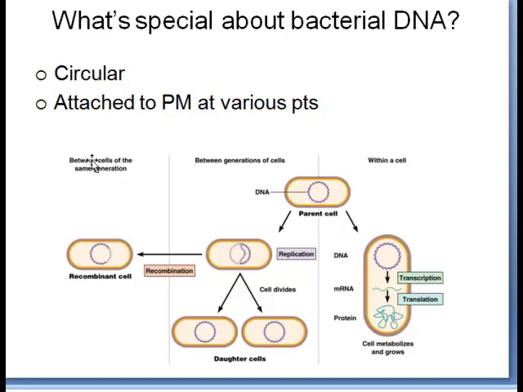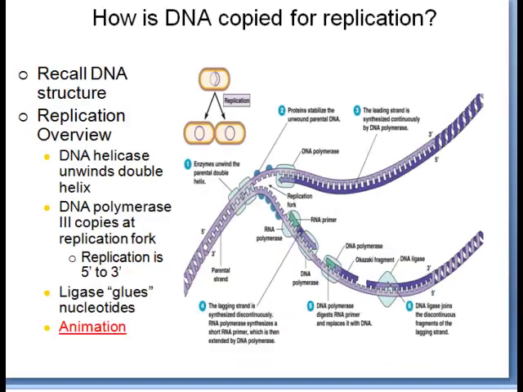If this is the parent DNA, when it undergoes replication, there are two rings forming, and then both of these rings can be passed on to the new daughter cells. It's almost like if you have two bracelets and you slide each bracelet away, that's the combination that you see over here.